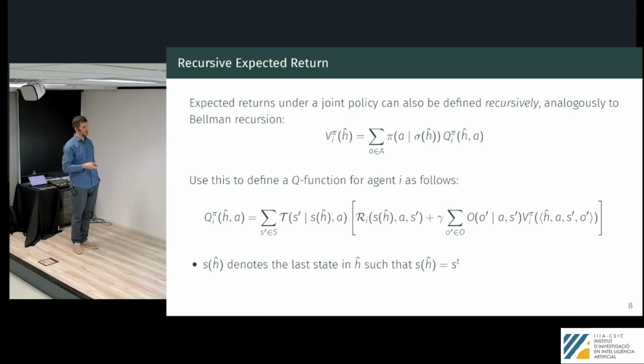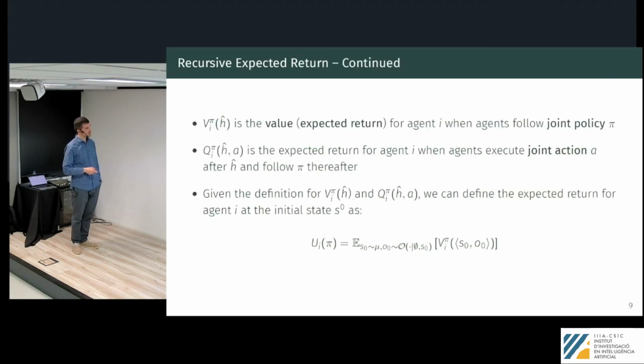That's conceptually the difference, but it's the same value. And as I said, this is useful because there will be algorithms which are using this kind of recursion, similarly to what we saw yesterday with dynamic programming and temporal difference learning.